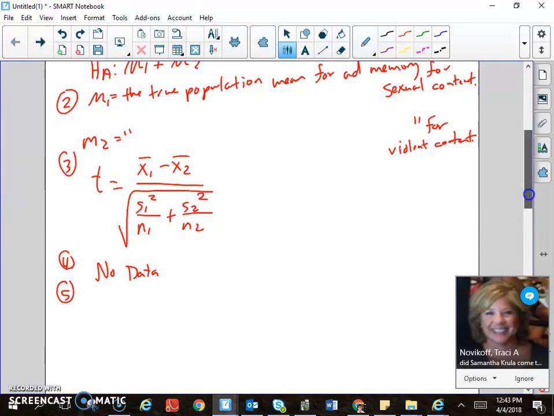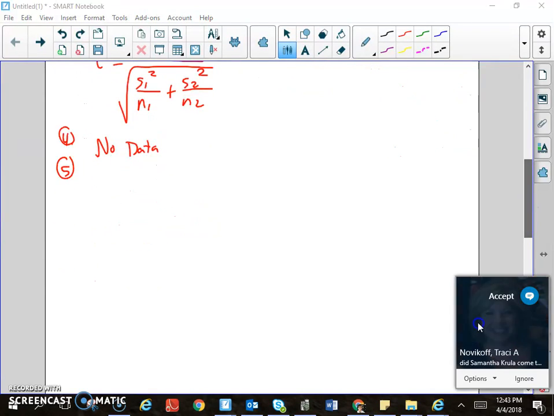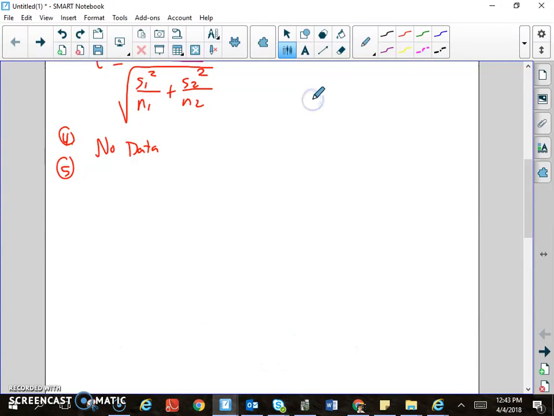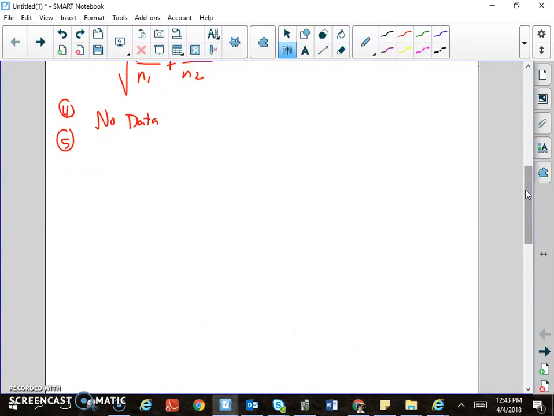Step 5 is where you're defining the variables. So you're listing all those things out: x bar 1, s1, n1, and then x bar 2, s2, n2. Okay, you're defining what those are.